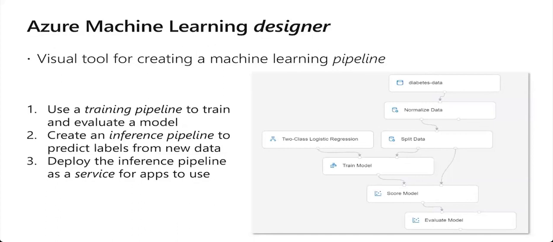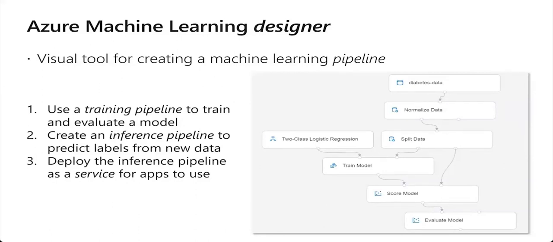And then when you're happy with the results, you create an inference pipeline, which is based on your training pipeline. It will be a little bit different because this inference pipeline only needs to score. So it no longer needs, for instance, to split the data. And if you're happy with that, then the inference pipeline is ready. You can deploy it as a service that then client applications can use.